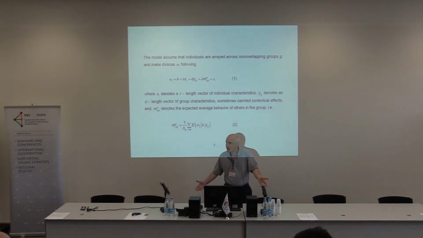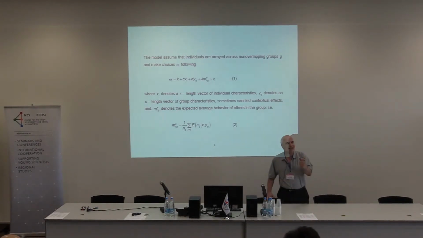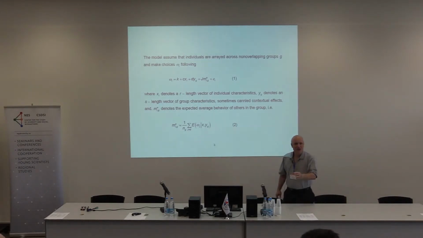So the identification question. If I say to you this model is identified, what I'm saying to you is that its regressors are linearly independent. What are the regressors in the model? The x's, the y's, and m. Why did I say uh-oh? Because m, unlike x and y, is not observable.